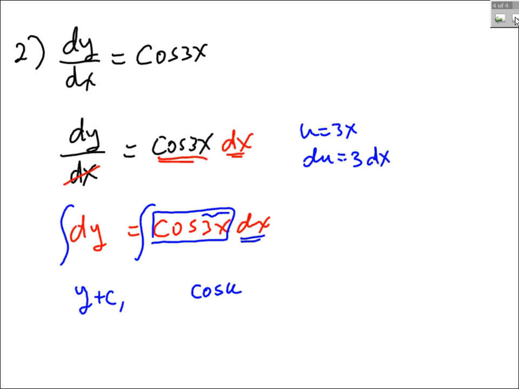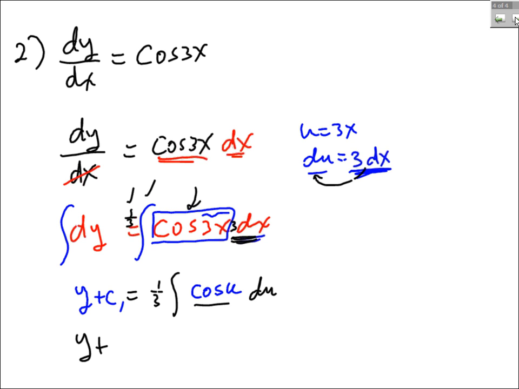But dx, I know dx is not du, and lots of students say, oh, whenever I see dx, I put du. No. Whenever you, in this problem, whenever you see 3 dx, you put du. Well, you can sneak in the 3 as long as you bring in front of 1/3. There's the 1/3, the integral sign. That part is cosine of u, and this part is du.